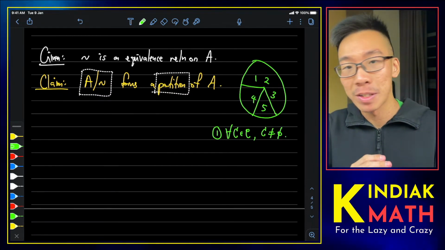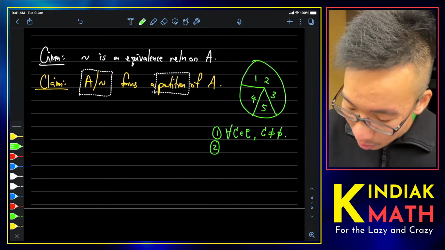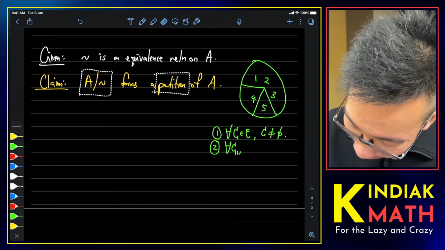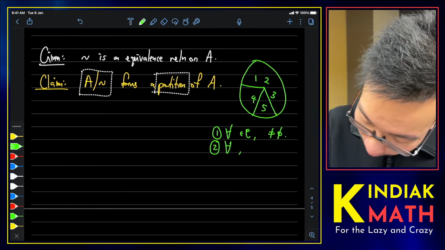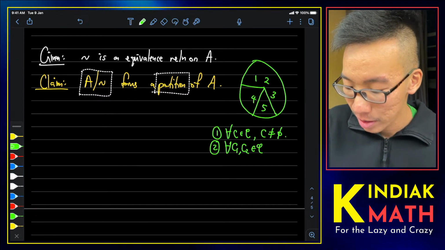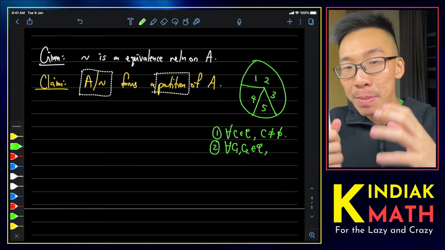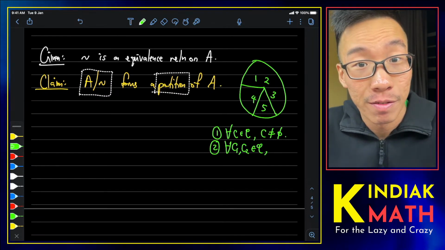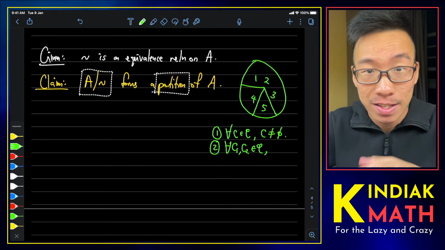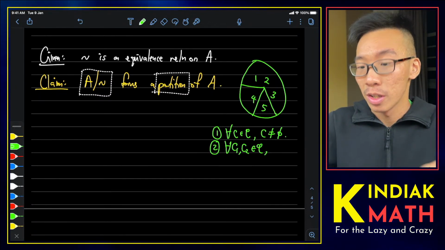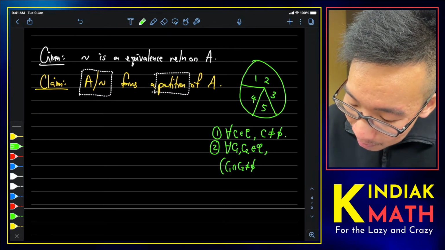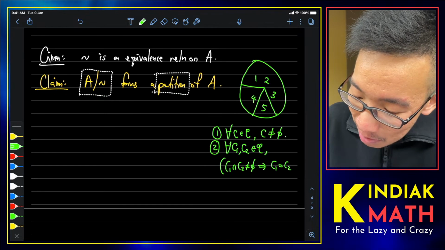Every pizza slice is non-empty. Secondly, whenever you have two pizza slices that are different from one another, they never overlap. What that means is that if the two pizza slices do overlap, then they must be one and the same pizza slice.